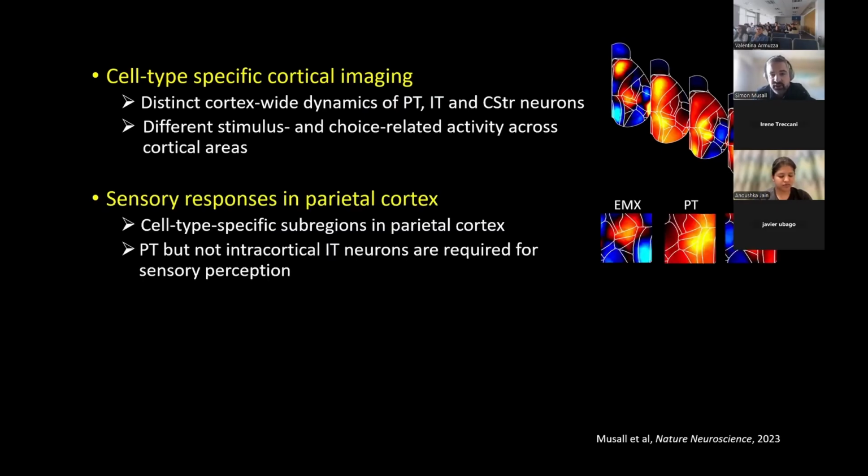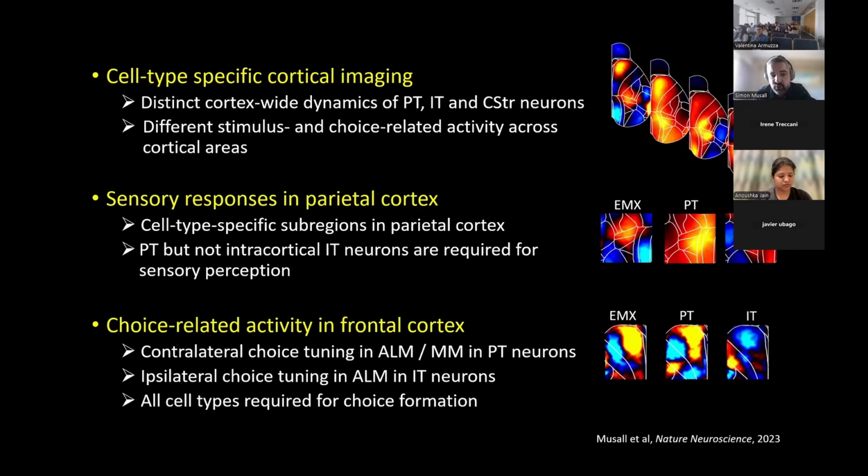And when it comes to looking at sensory responses, we saw this very pronounced signature in the parietal cortex that highlighted different subregions depending on the cell type. And when it came to choice, we see pronounced differences in the frontal cortex that also is mirrored by these causal perturbations that we did.